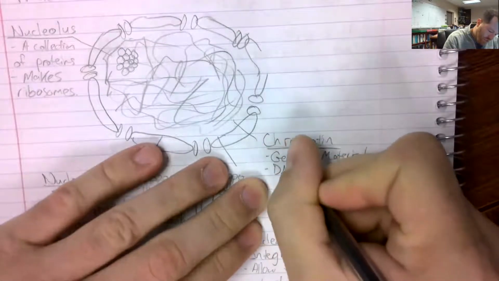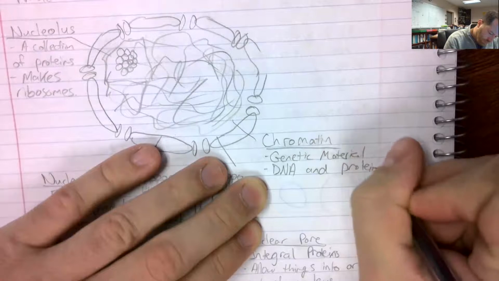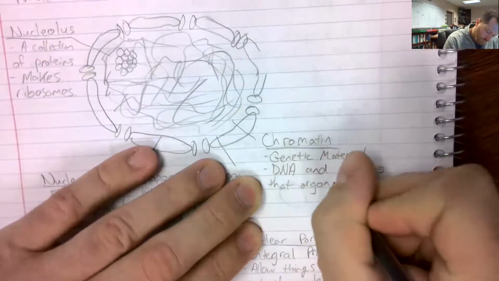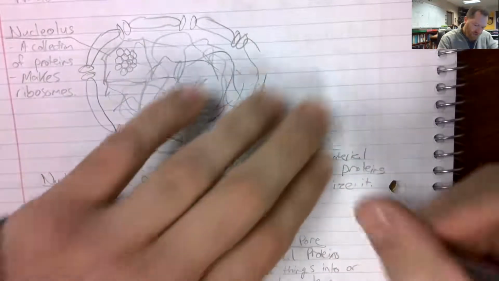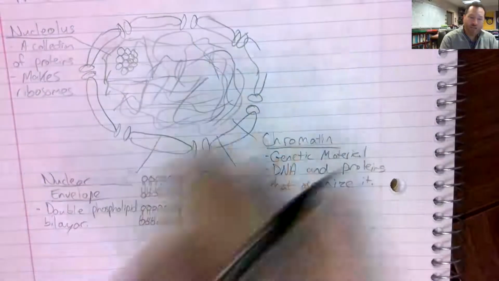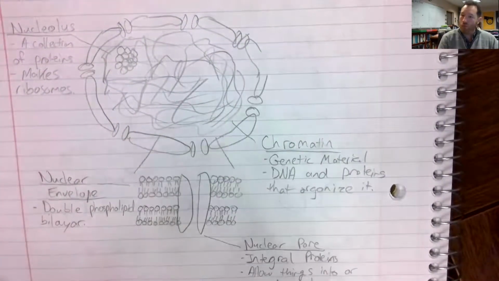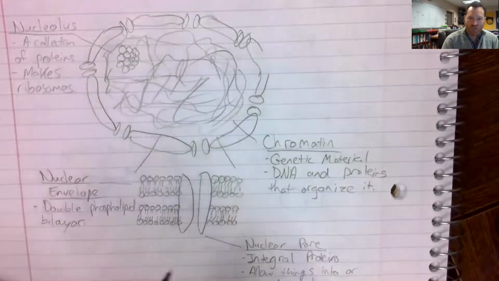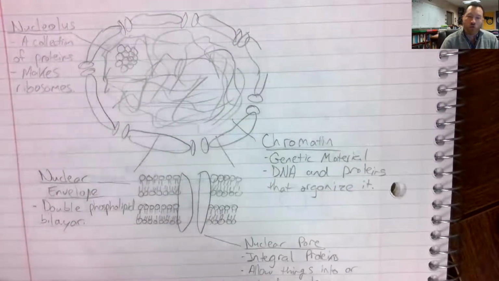It's made up of DNA and proteins that help to organize it. We'll talk later about when it condenses and becomes a form that we can actually see. But for now, chromatin just looks like a big plate full of spaghetti. You couldn't tell where one strand ends and another strand begins.